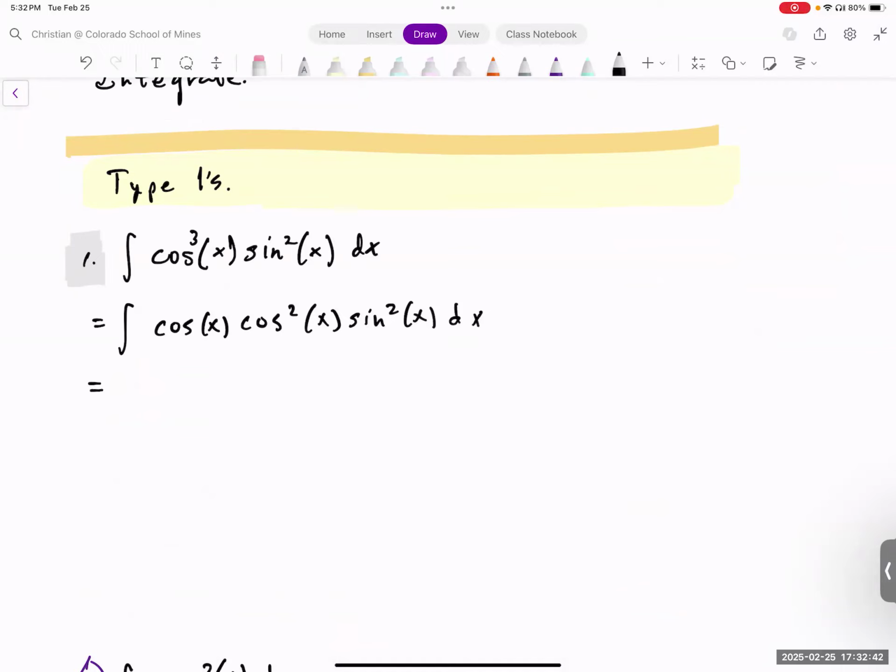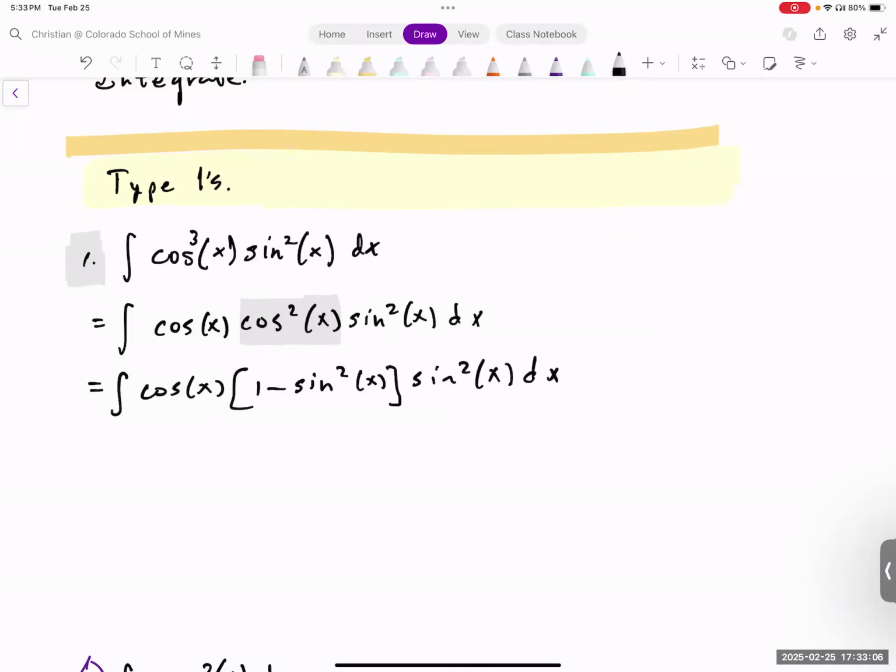Then we're going to take our even powered cosine right here, and we're going to rewrite it with the Pythagorean identity. So that would be 1 minus sine squared x. And we still have the sine squared x off to the side.